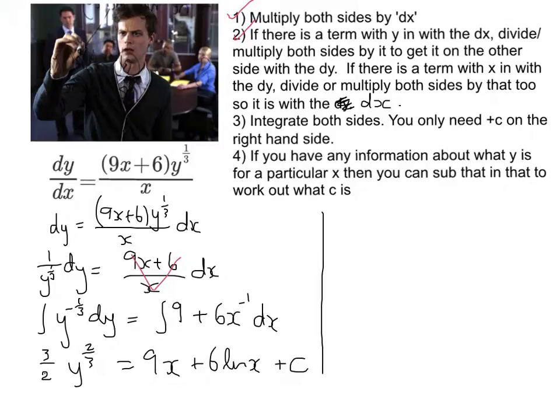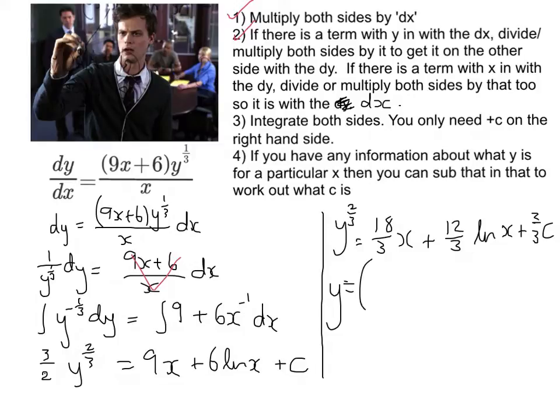Or if we wanted to be really fancy, we could try and make it say y equals. So let's double everything and divide by 3. Y to the 2/3 is 18 over 3, which I can probably simplify, x plus 12 over 3, which I can definitely simplify, ln x plus 2/3 c. Then we can cube it and then square root it.